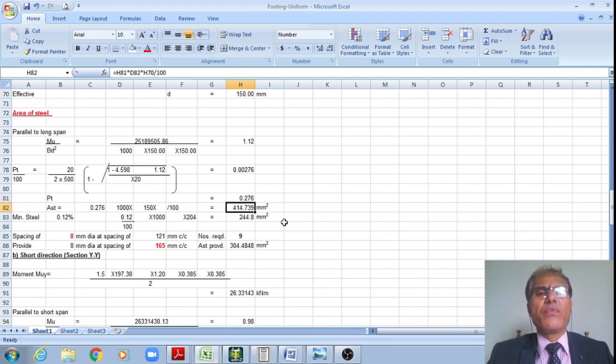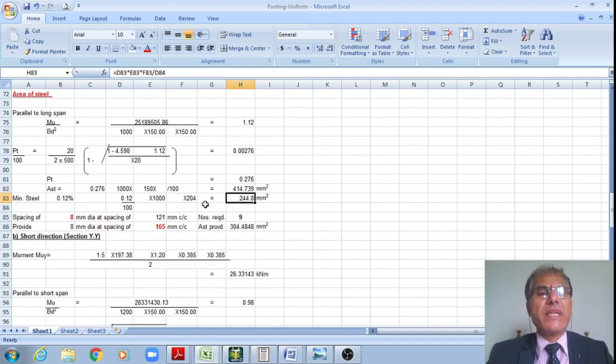It is approximately 415 mm square, but the minimum steel is 244. Therefore, 415 is much greater than 244, so this 415 will govern the design, not the 244. Please make a note. Whereas in the manual calculation I had not taken moment, therefore there only the minimum steel was governing the design.